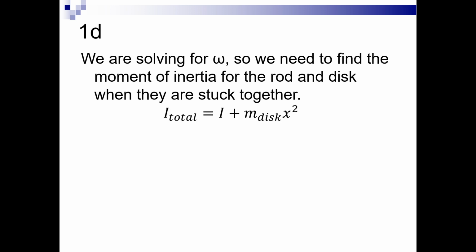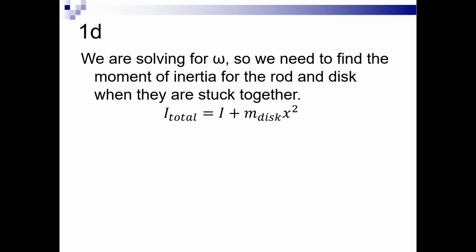But the way I'm going to write it is that the total moment of inertia, when the disk hits the rod and sticks to it, you have to add that mass. And because it's rotation, it's not just mass, it's moment of inertia. So you have to add those two things together. So the total moment of inertia is the moment of inertia of the rod plus the moment of inertia of the disk.